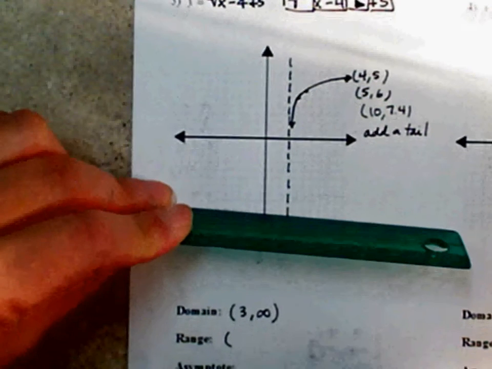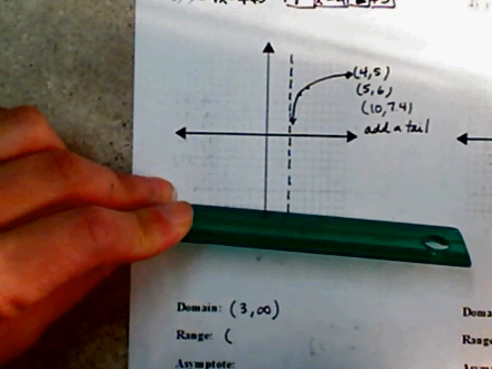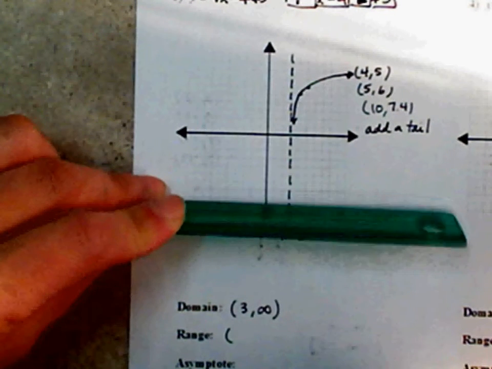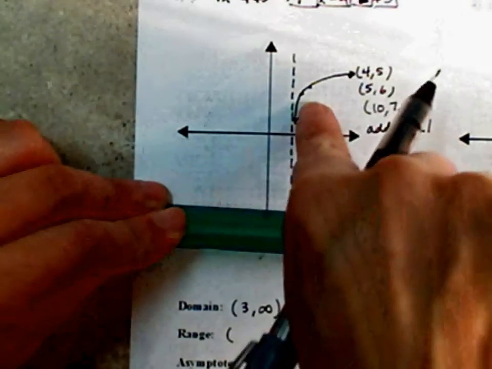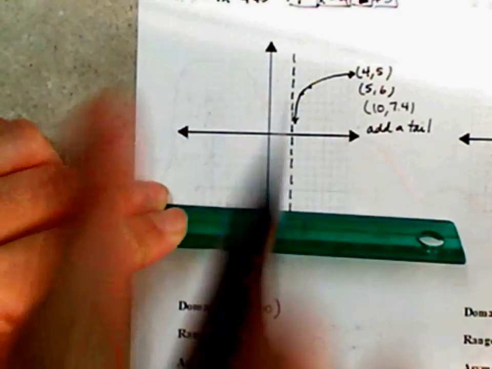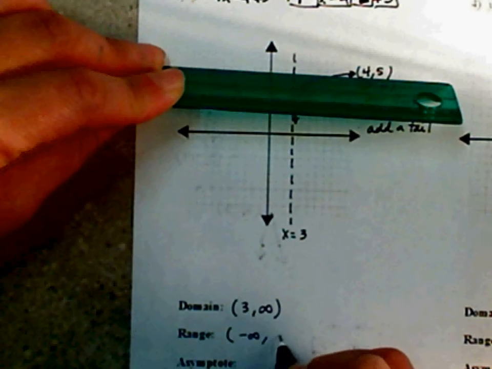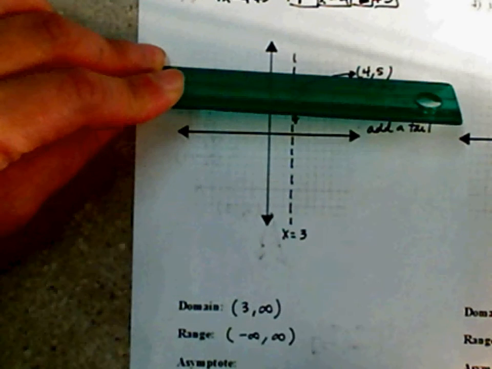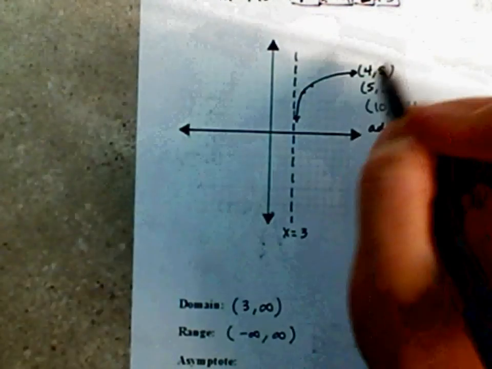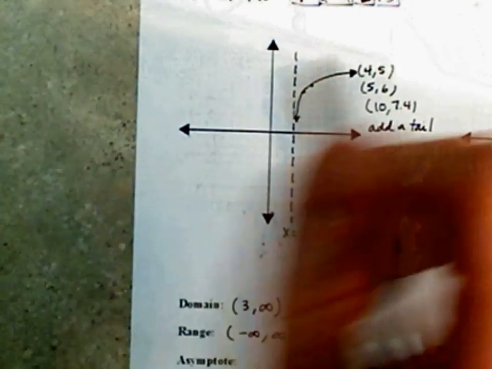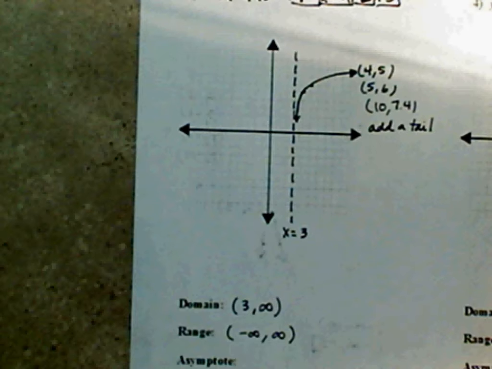Way down here, isn't it? Doesn't this come forever and ever? Negative infinity. How high is it going? All the way to positive infinity. It keeps going. It doesn't stop here. See that arrow? It's slowly going up, but it's just slower.